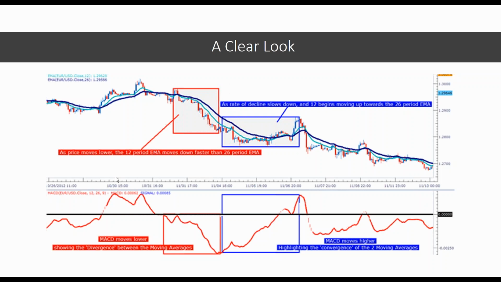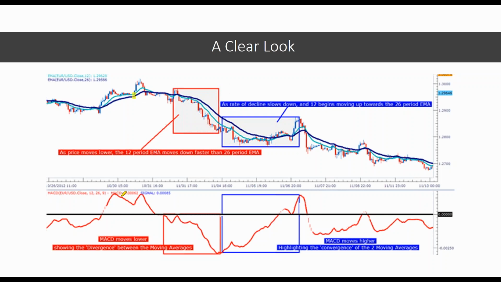What we do is we then subtract one from the other. So in other words, at this price here, we have two different moving averages, and we simply subtract one from the other.